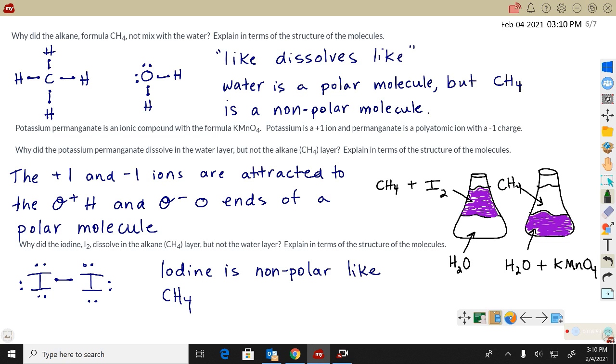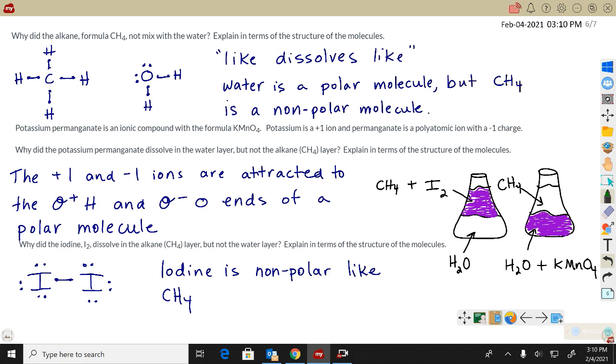And so again, we're going back to the concept of like dissolves like, that because water is polar, it'll only mix with other things that are polar. Polar meaning that the particle has to have a charged region, or like these ions, they're totally charged, that there's a total transfer of electrons.